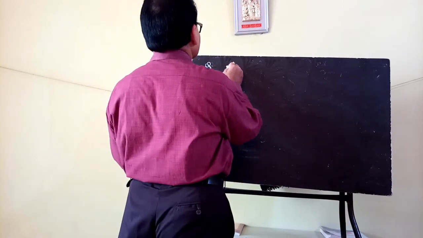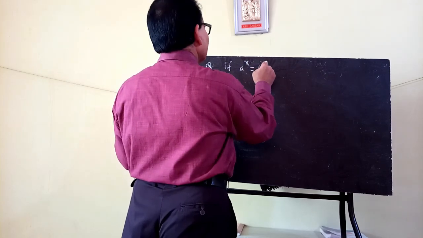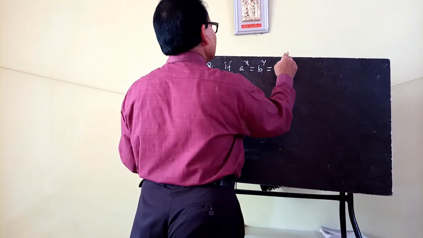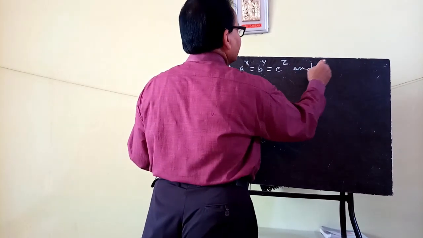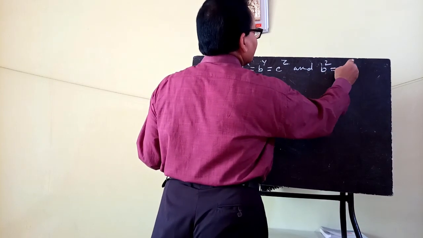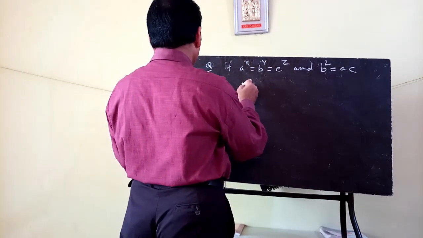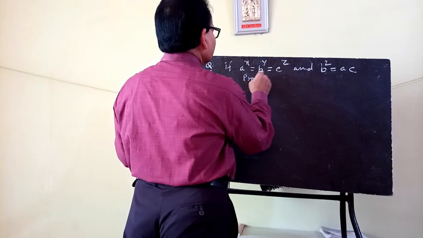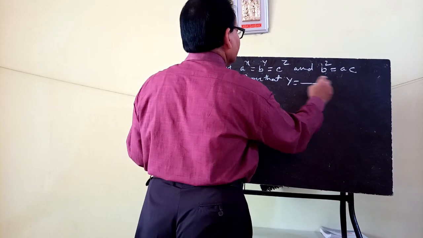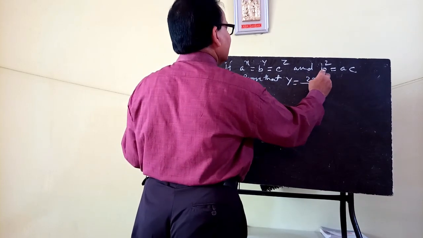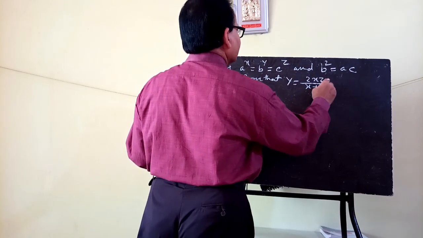This is also one of the important questions. Say if a to the power x equals b to the power y equals c to the power z, and one more condition is given, b square equals ac, then you have to prove that y equals xz divided by (x plus z).